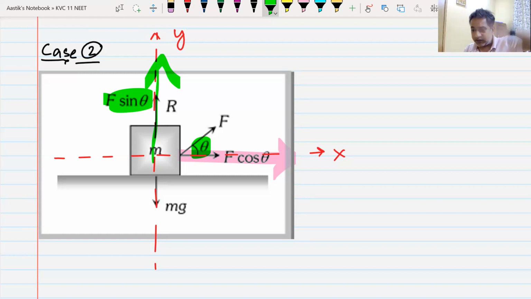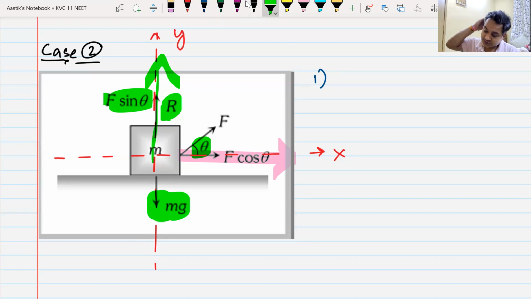Again, it does not move here. Can you tell me the equation on the vertical axis? How will the equation on the vertical axis look? Vertical axis means y-axis. What will be the equation of the vertical axis? You can see these forces.